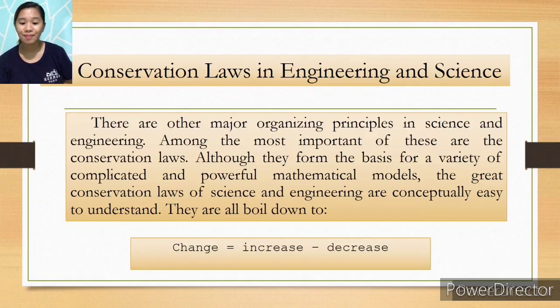Although they form the basis for a variety of complicated and powerful mathematical methods, the great conservation laws of science and engineering are conceptually easy to understand. They boil down to: change equals increase minus decrease. This is precisely the format that we employed when using Newton's law to develop a force balance for a bungee jumper.